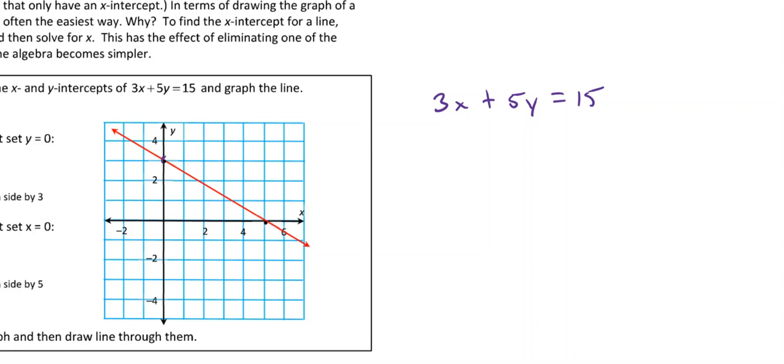So at my y-intercept, the point would be 0, 3, the example they gave us. Do you see how on our y-intercept, our x value is always 0?